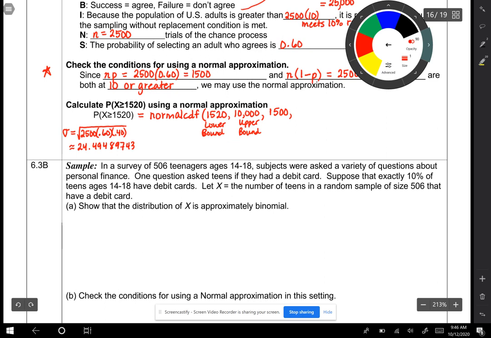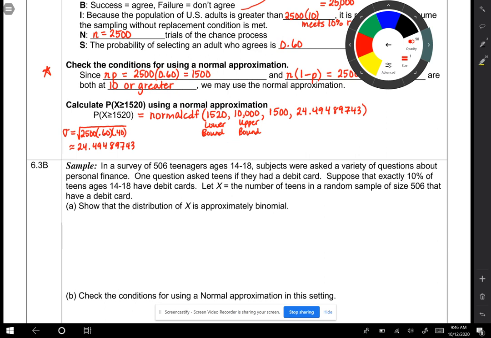Use as many decimals as you can. It'll just give you a really accurate probability. So your standard deviation is 24.494897, but significant digits don't matter in this class. So you're not going to get docked no matter whatever decimal places you use.